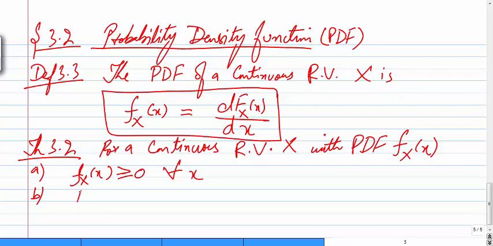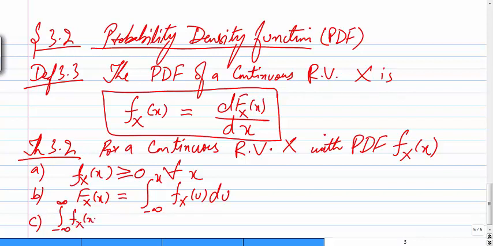The second says that if I want to calculate the CDF from the PDF, I have to integrate the PDF, that is f_X(u) du. And the last one, which is very important, says that if I integrate the PDF from minus infinity to infinity, this is equal to 1. This all comes from the basic axioms of probability.